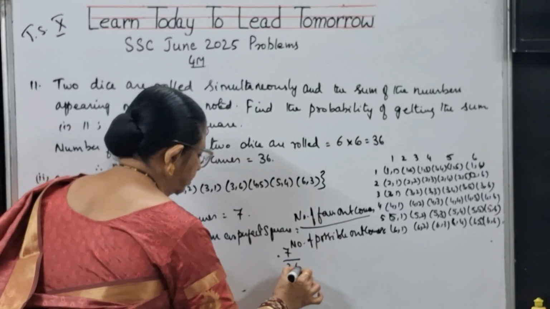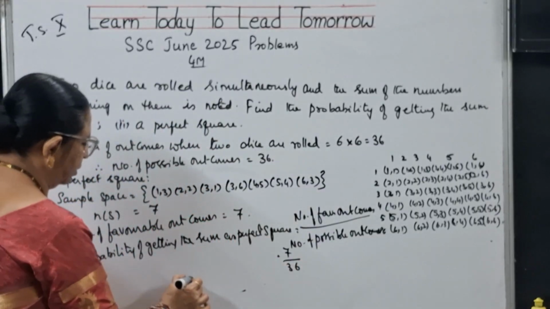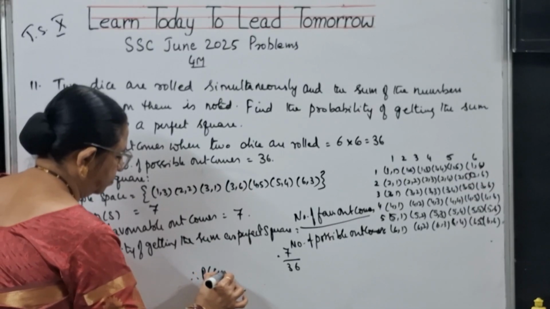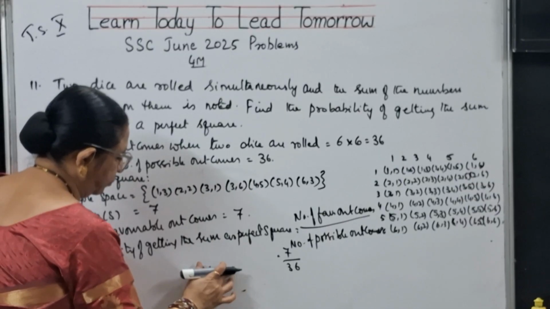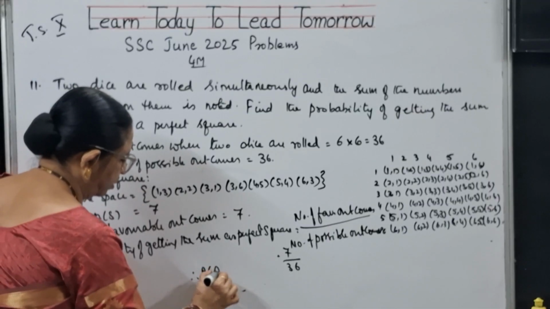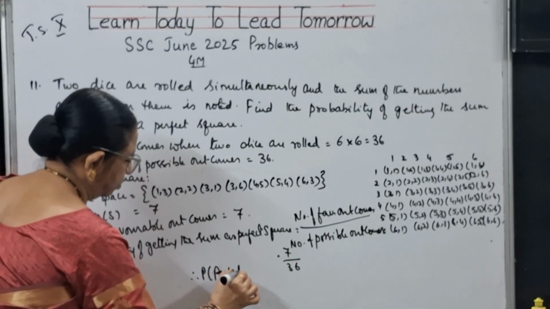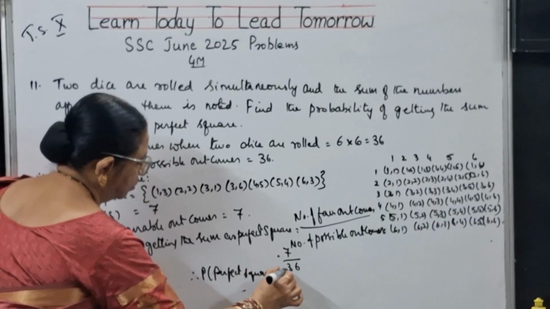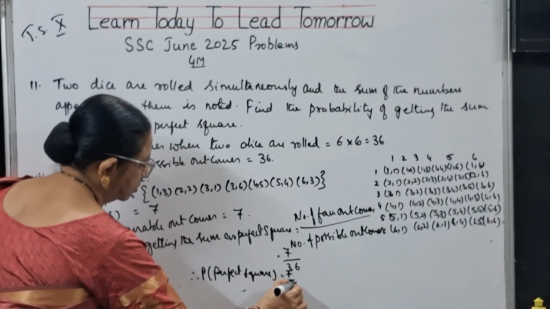Possible outcomes? 36. You cannot simplify. So P of perfect square I'll write. P of perfect square is equal to 7 by 36.